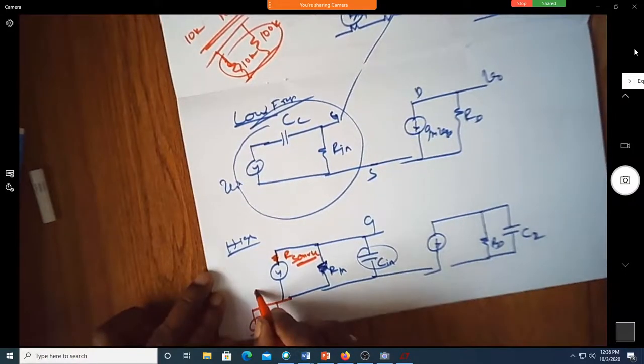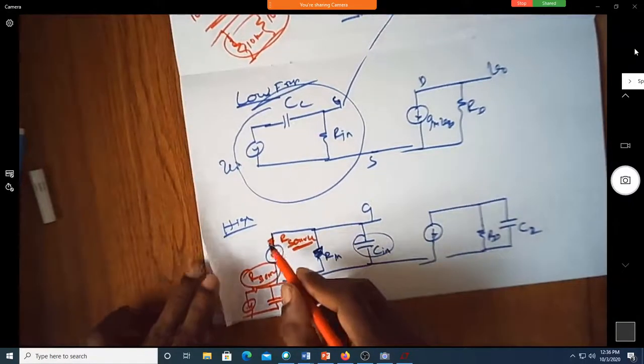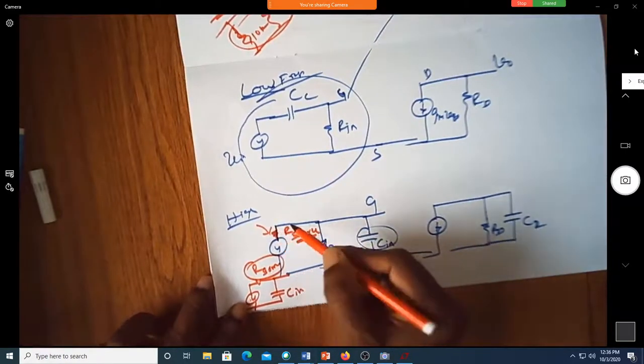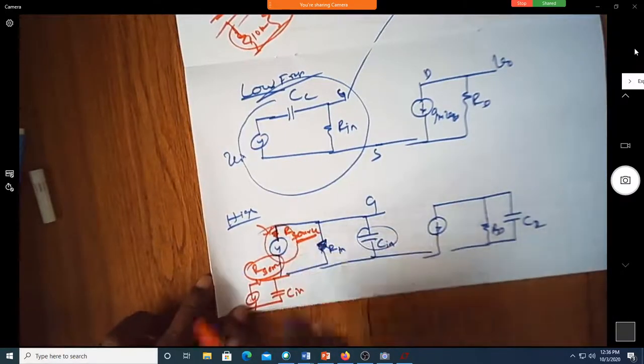Yes, sir. This is R source, this is C in. This is the source resistance of this source. It's again a parasitic one. This is not lumped, meaning that we have not exclusively connected this. It is there within the source.